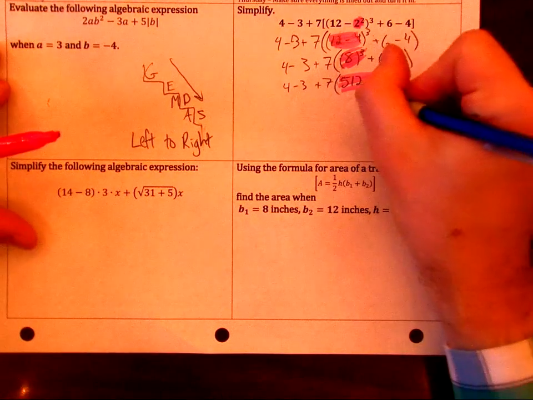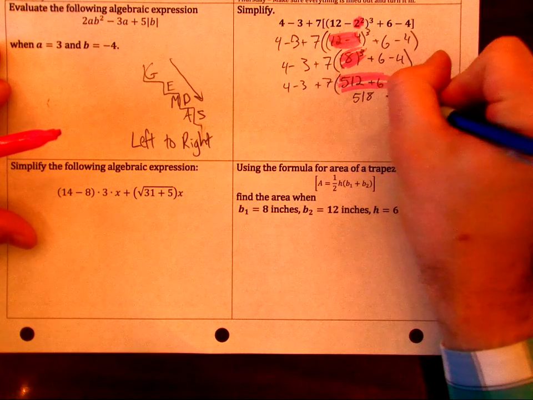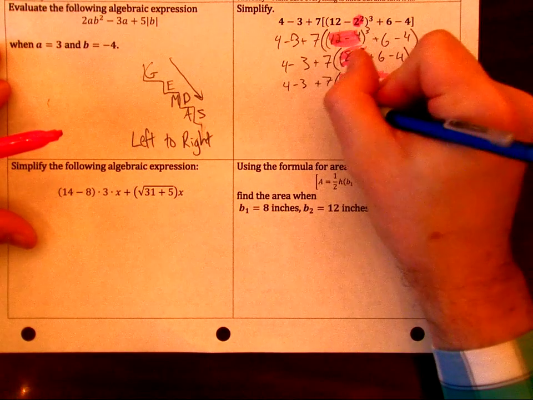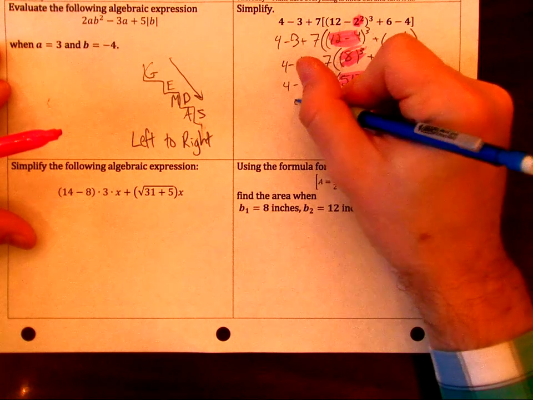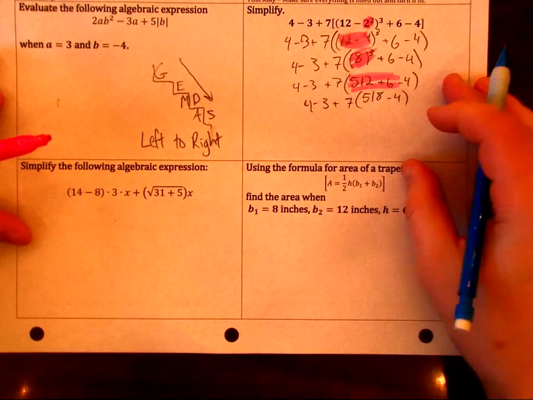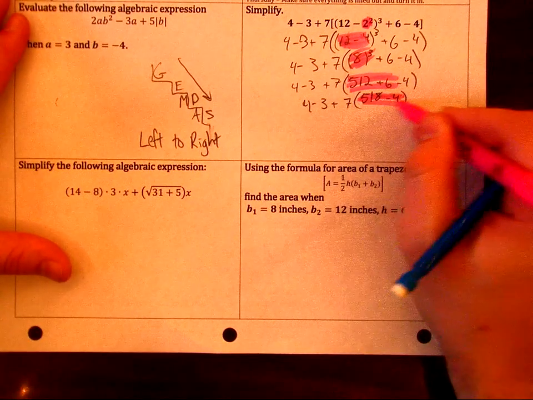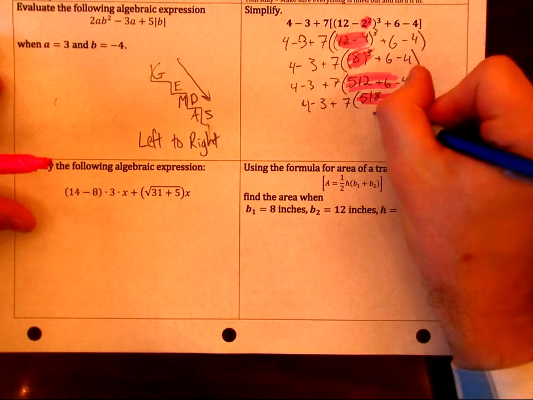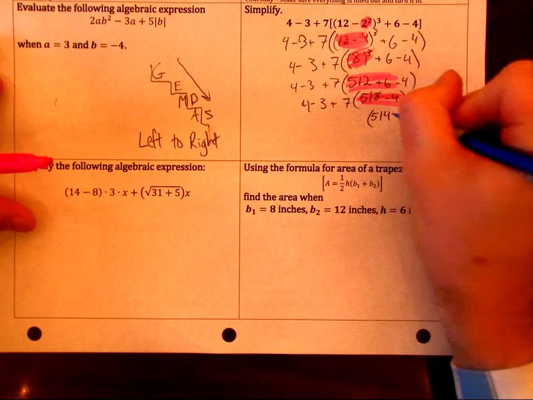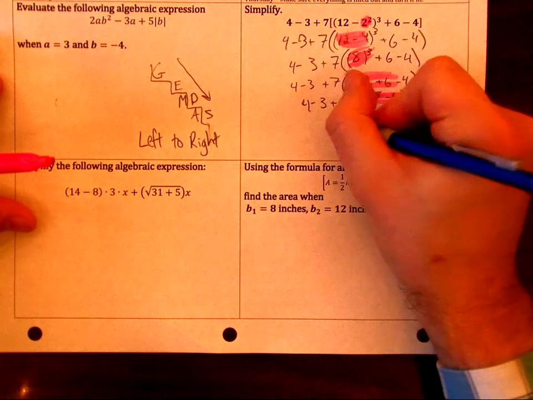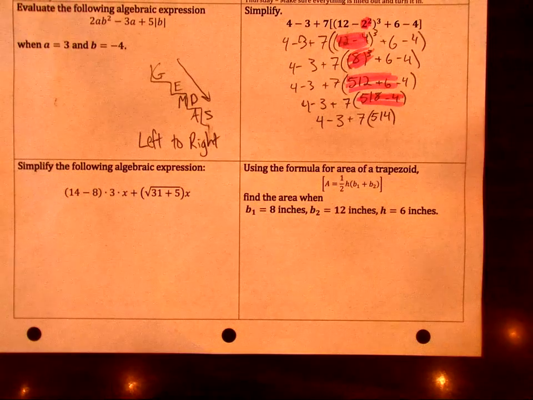So that's going to be 518. Everything else stays the same. Now we can subtract inside of those parentheses. And so we have 514 plus, we have 3.